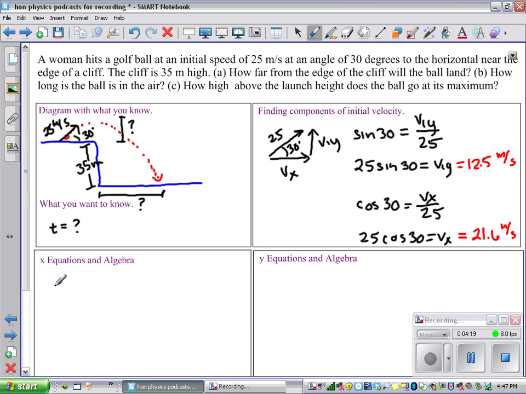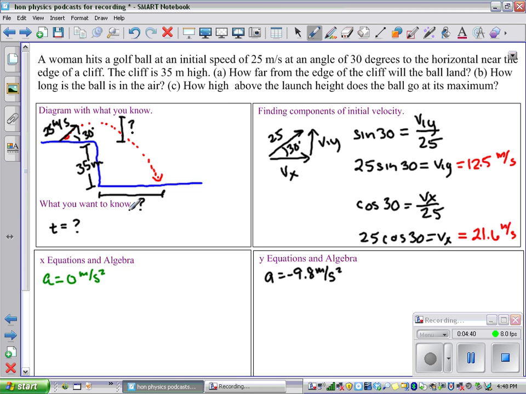So let's fill out the first line that we always know, which is acceleration is 0 in the x direction, and the acceleration is negative 9.8 meters per second squared in the y direction.